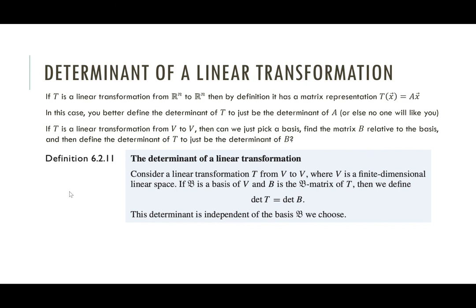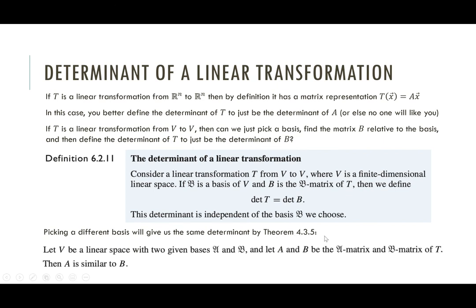No. Turns out the determinant is totally independent of the basis that you choose, which is nice. And maybe we should say something about why that's true. Picking a different basis will in fact give us the same determinant. And that's due to this theorem 4.3.5, which I will summarize here.